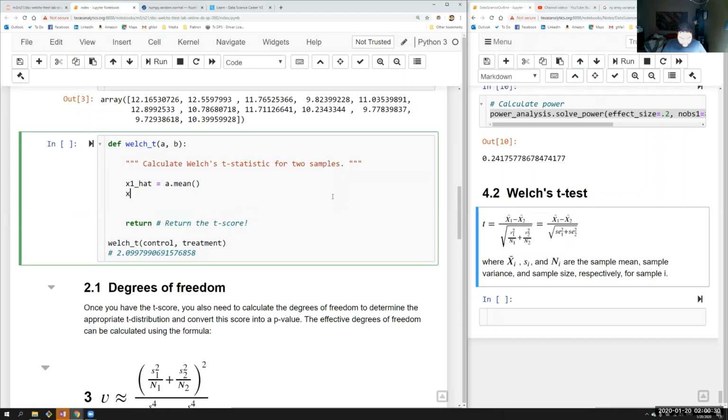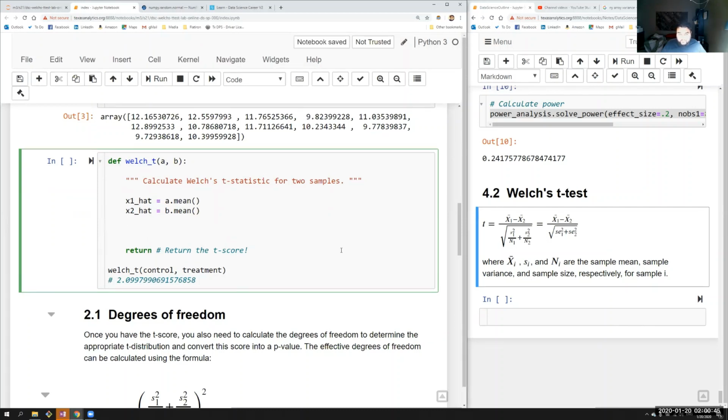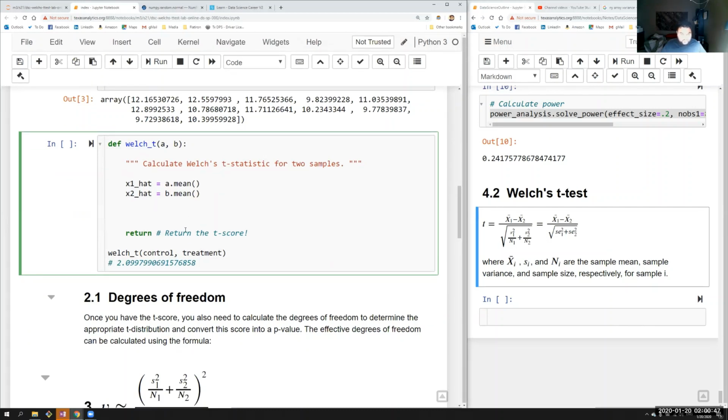And then let's do x2 hat, and that's going to be b dot mean. What's the next thing? Okay, it's s1 squared, where x hat, si, and ni are the sample mean, the sample variance. So let's do s1 squared, which is equal to a dot, how do you get the variance?